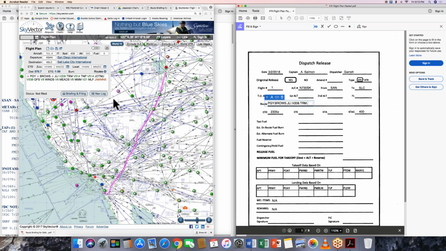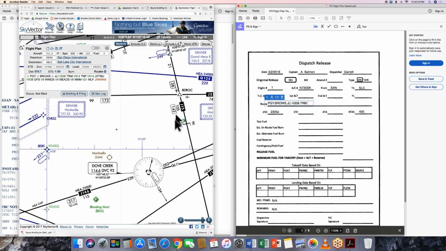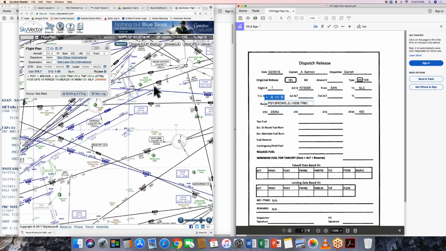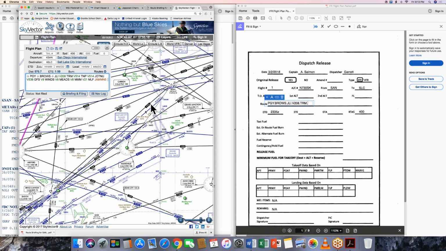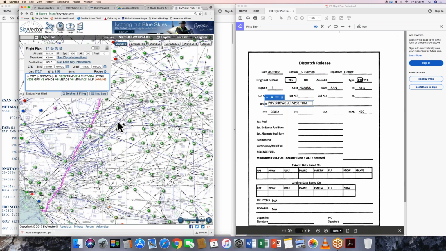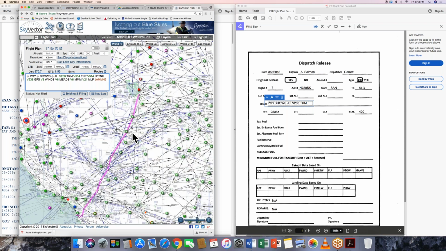So yes, you will be doing this on a map, but using high charts is a lot better than doing a VFR using a sectional. Because a high route chart is going to look just like this, where it gives you your distances between each one of the VORs. It's going to be nice being able to use these charts, but you're still going to have to do it on a paper chart.